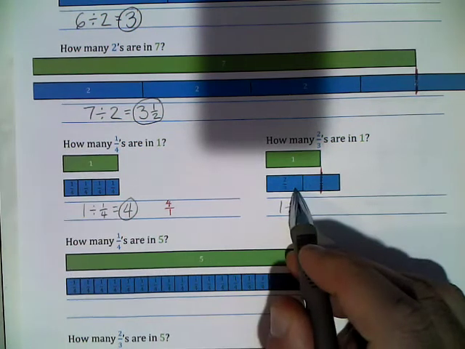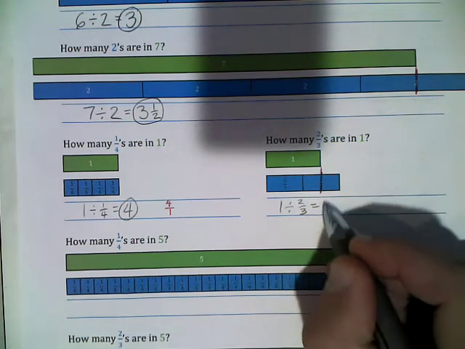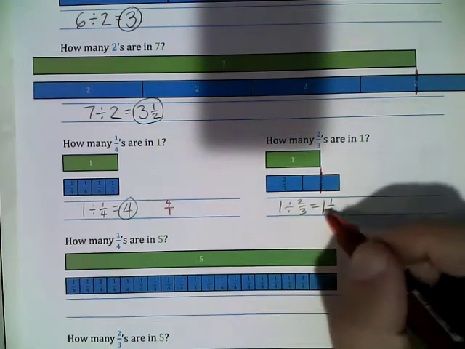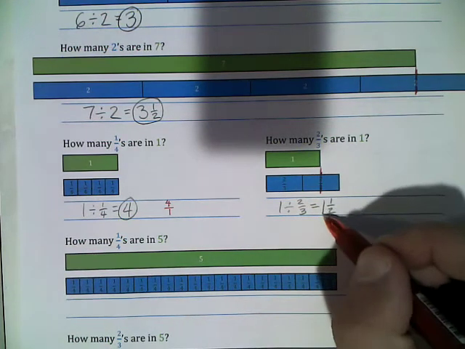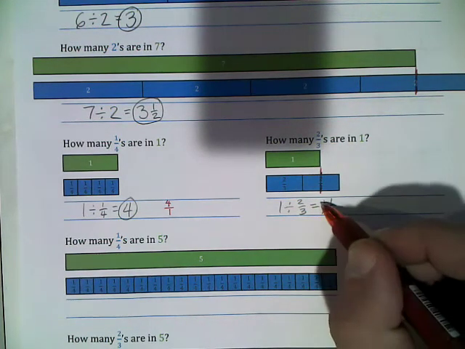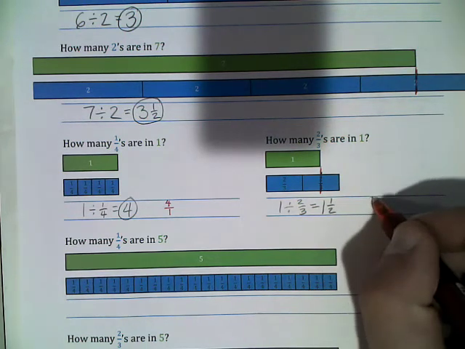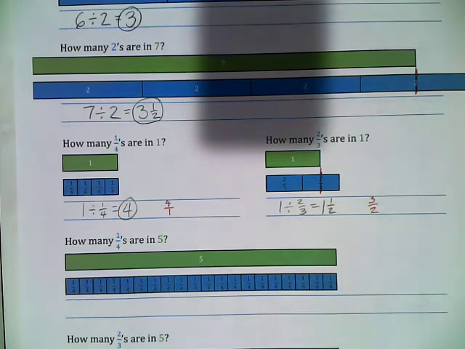So we have 1.5 here. 1.5, if I think about turning this back into an improper fraction, 1 times 2 is 2 plus 1 is 3. This is really 3/2.